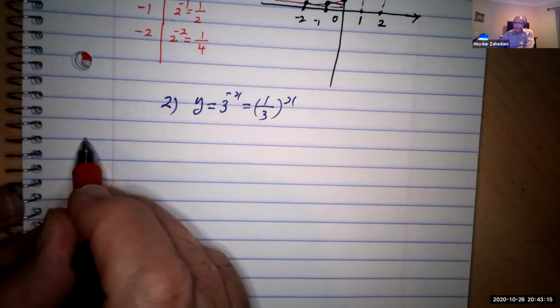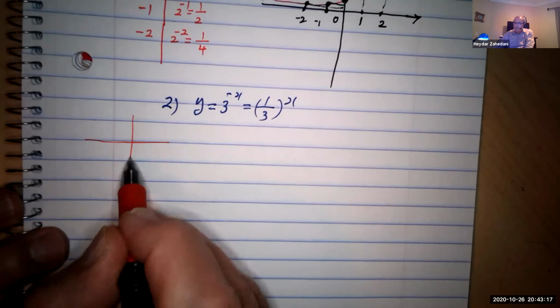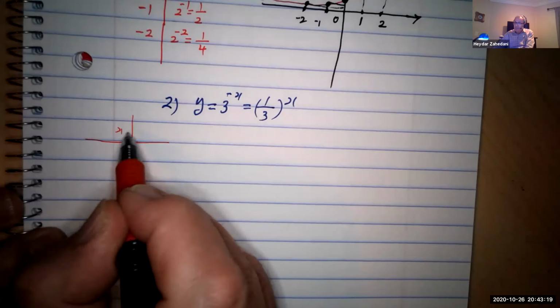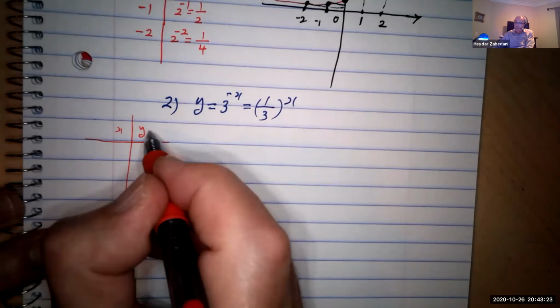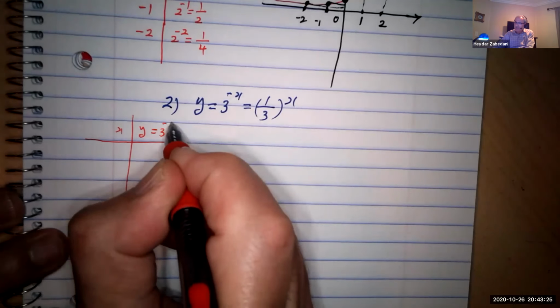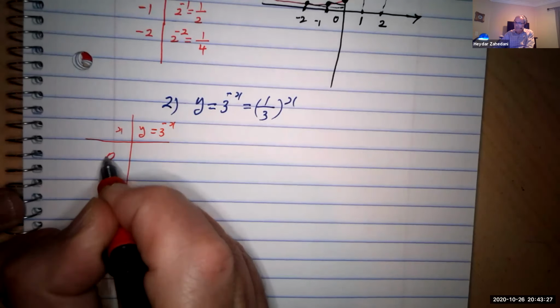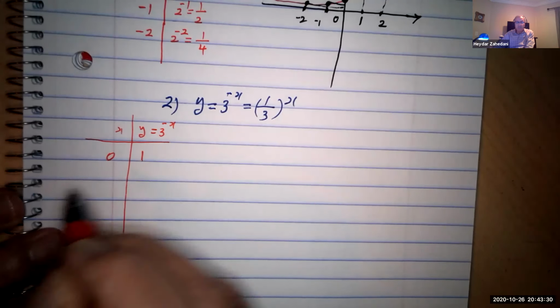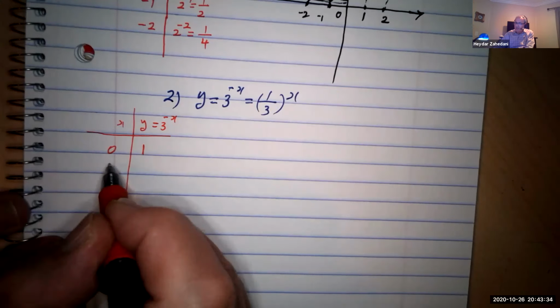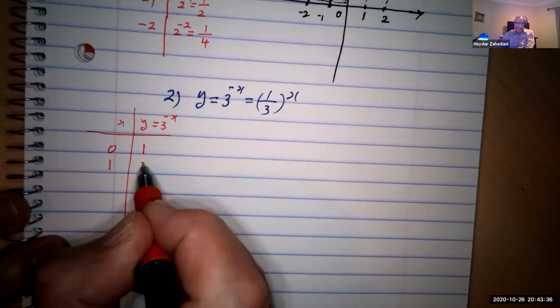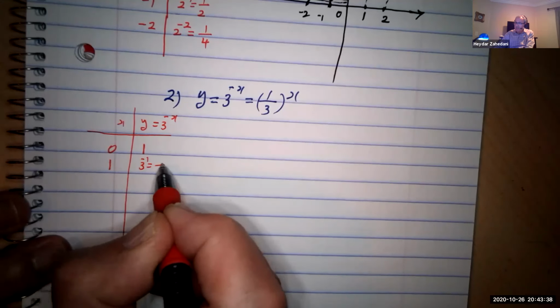Okay, let's collect the numbers for this one. x, y. You can use either version to get these numbers. You start with 0, so 3 to the 0 would be 1. If you start with 1, that gives you 3 to the negative 1, which is a third.